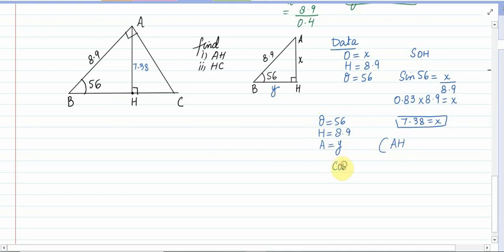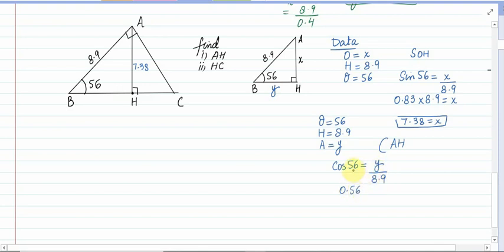So our equation will be cos 56 is equal to adjacent, that is Y, divided by hypotenuse, it's 8.9. cos 56 is 0.56. 8.9 divides on the right side.